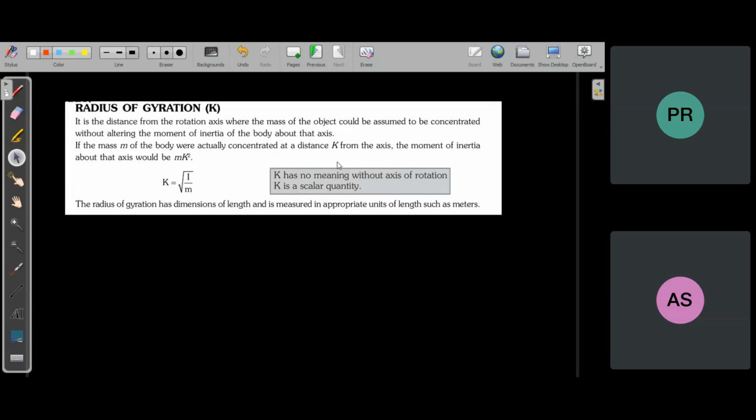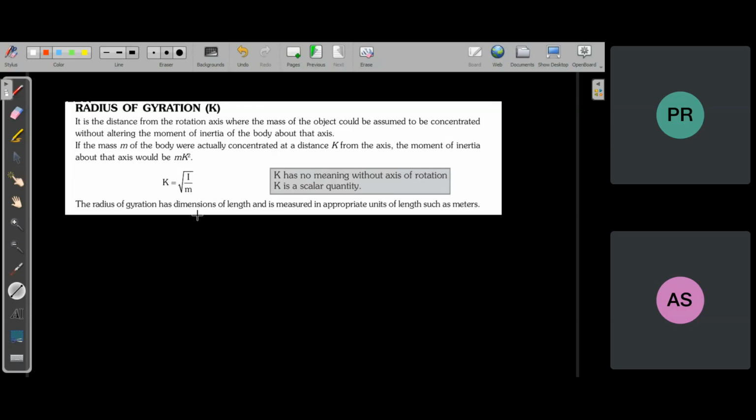So for the calculation of moment of inertia, you can assume the whole body's mass to be concentrated at a distance equal to the radius of gyration.